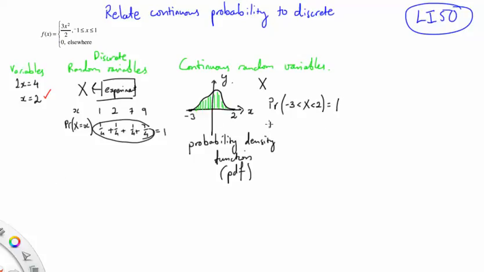However, if we wanted the probability that it's between negative 3 and say 0, what you would have to do is integrate from negative 3 to 0. And that area under the curve tells you the probability.